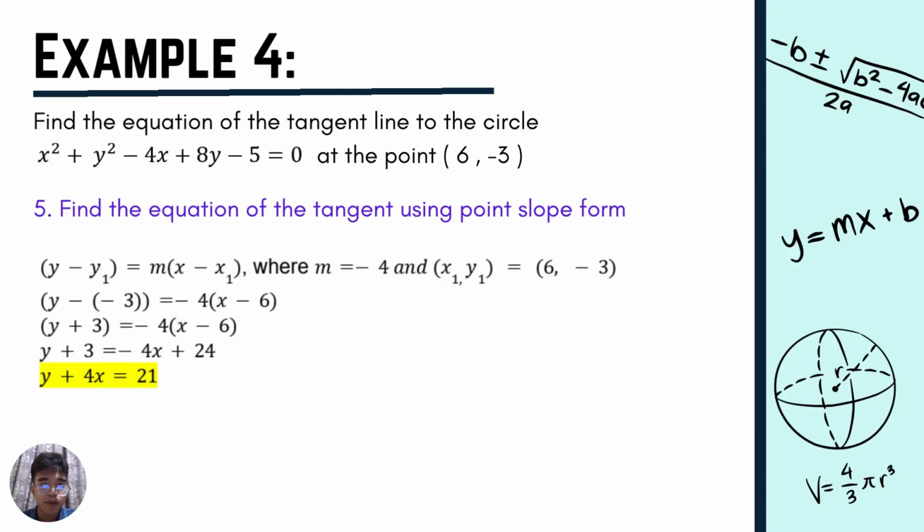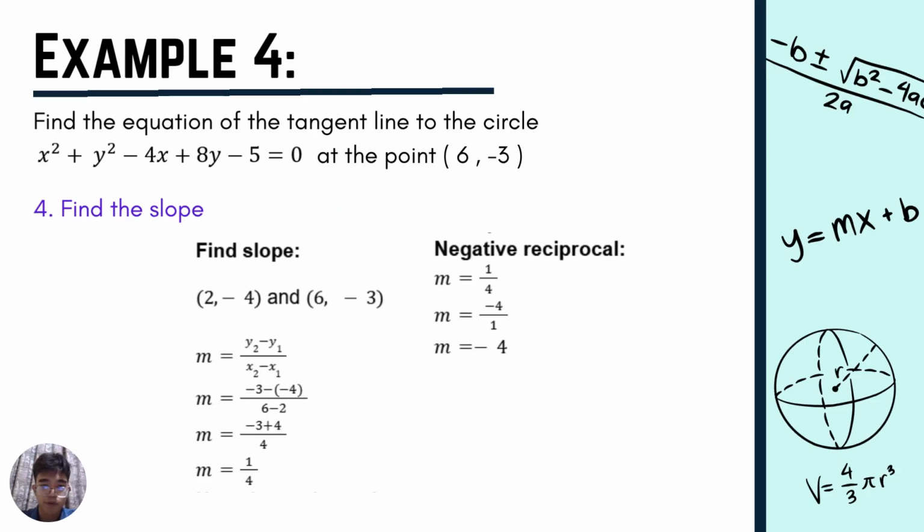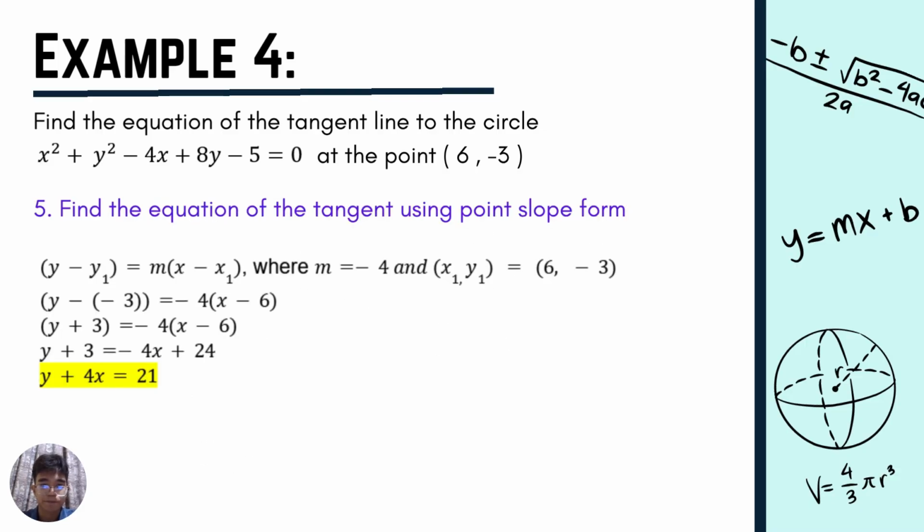Now we'll find the equation of the tangent using point slope form. y minus y sub 1 is equal to m times (x minus x sub 1), where m is equal to negative 4, as shown in here. And x sub 1 and y sub 1 is equal to 6 and negative 3. So we will have y minus negative 3 is equal to negative 4 times (x minus 6).